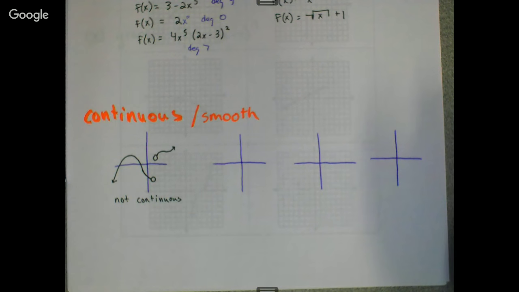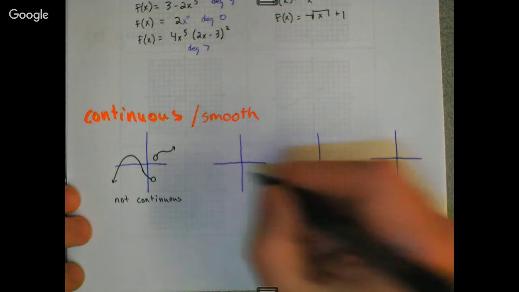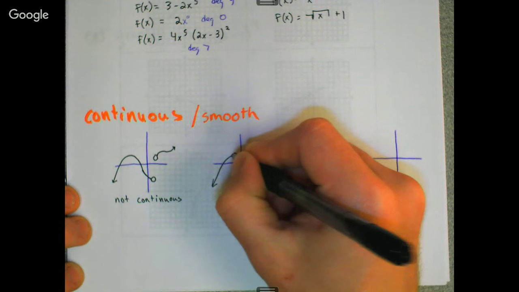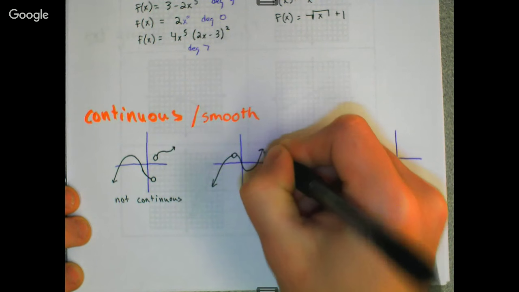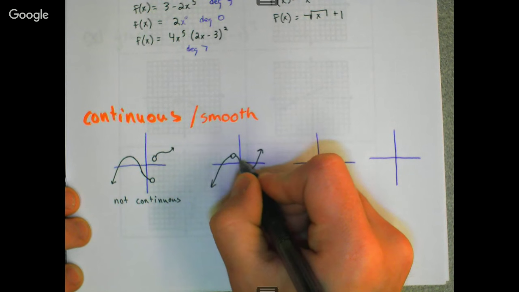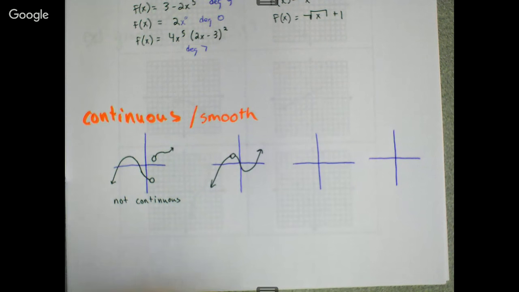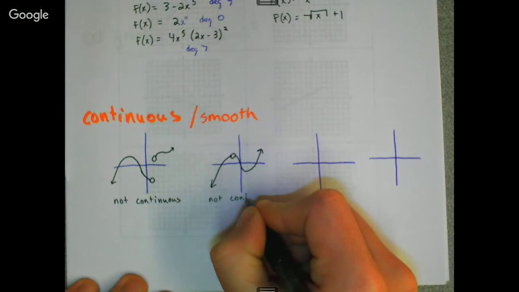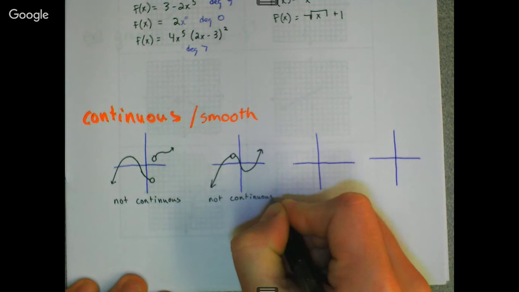Even if it's just a hole, maybe I have this. Okay, that's a hole. I'd have to jump over that number and continue on. So this again is not continuous.